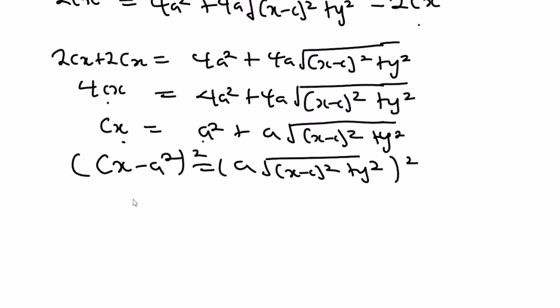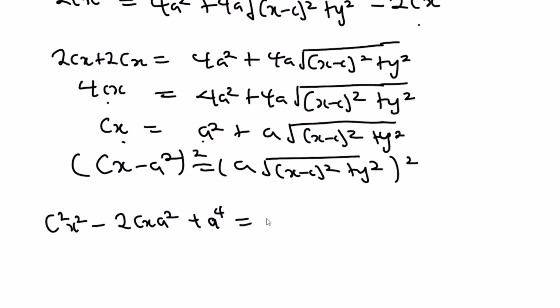We are going to get this side alone will give us c squared x squared minus 2a squared cx, then plus a exponent 4, a exponent what? 4, right?